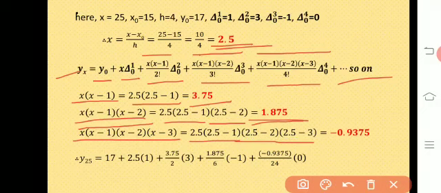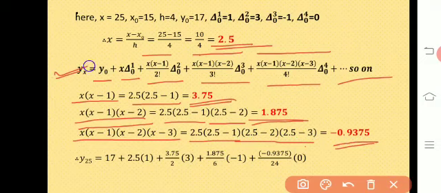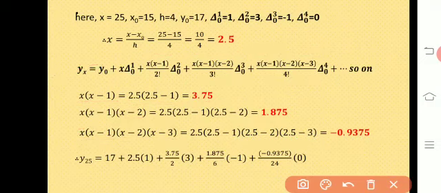If you simplify this, you will get minus 0.9375.